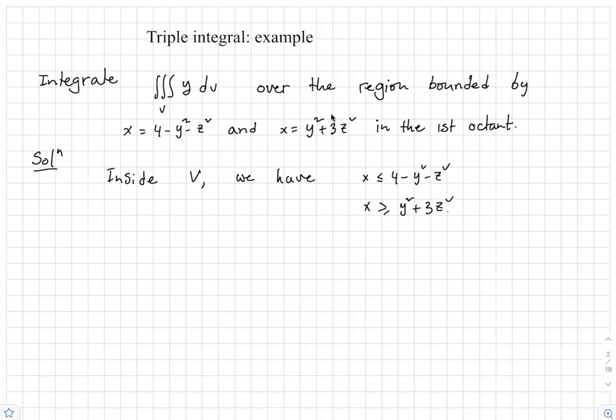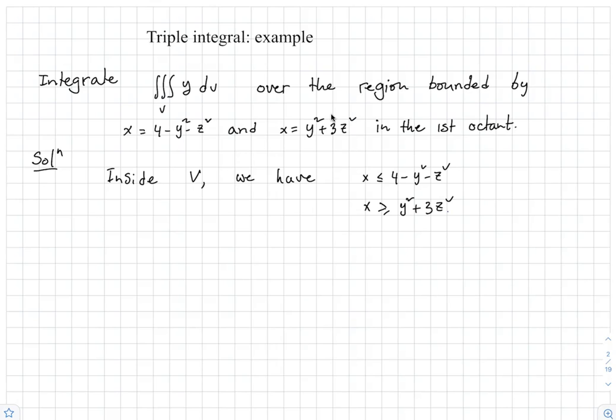So the first step to solve this integral is to identify the limits, or identify the boundary. We can easily see that inside the volume V, we have x less than this surface and x greater than the other surface. x equals 4 minus y square minus z square is a paraboloid opening to the left.